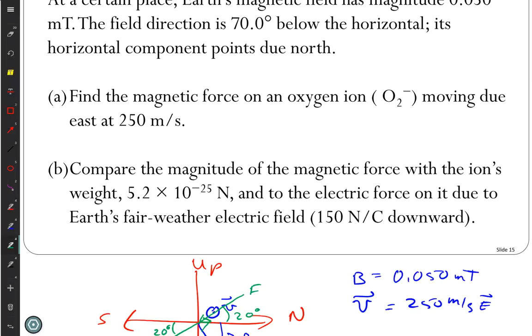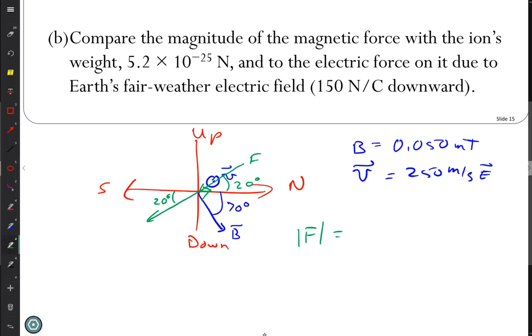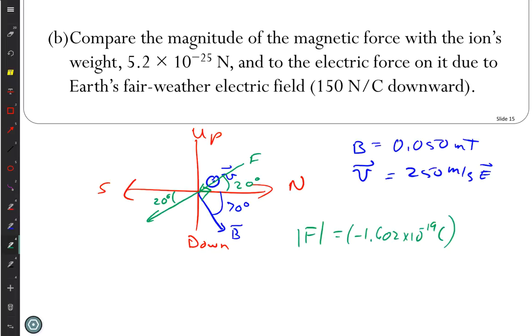It's a negative ion. Negative 1 electron. So minus 1.602 times 10 to the minus 19. But I'm not going to put the minus sign in there because I'm just finding the magnitude of the force. I already determined the direction. So I'm scratching out the minus sign.